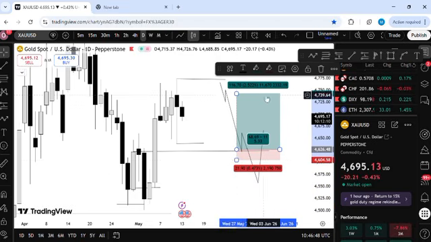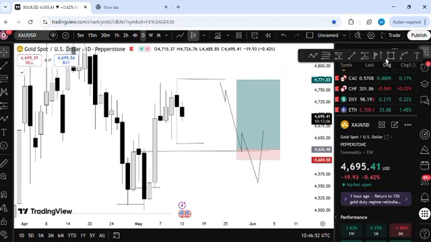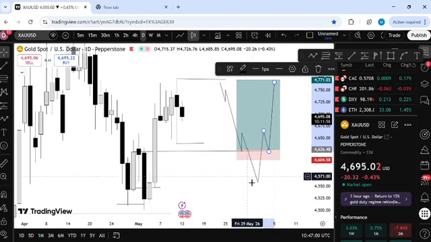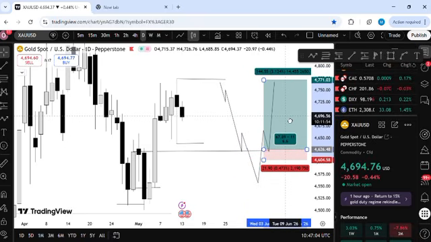Market will just wick you out like this, then go your way. Look at what it did now. It will take you out, then go back inside, mitigate that level again, then hit your TP after it has already wicked you out. But assuming you waited for confirmation, you would have entered your trade from here.